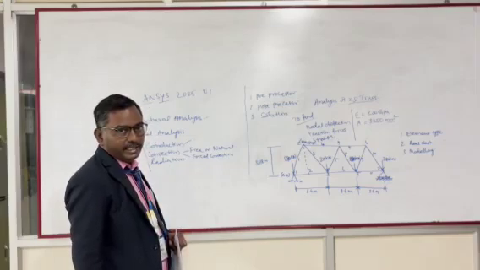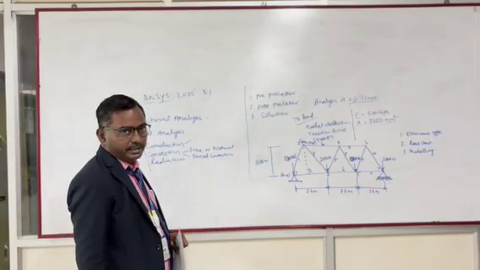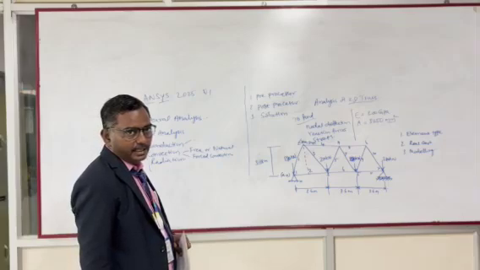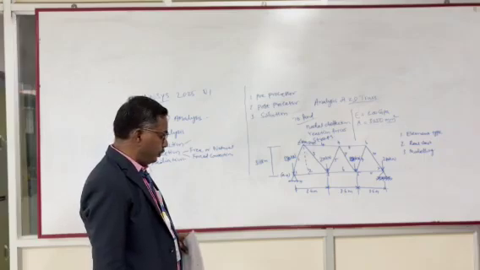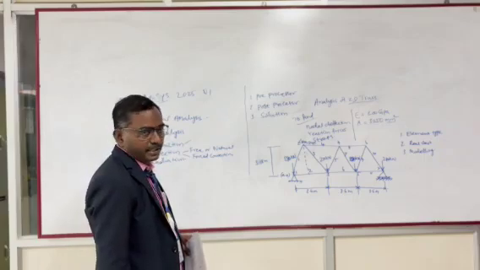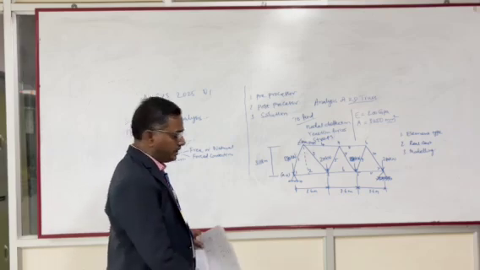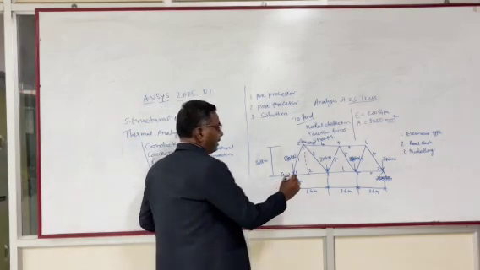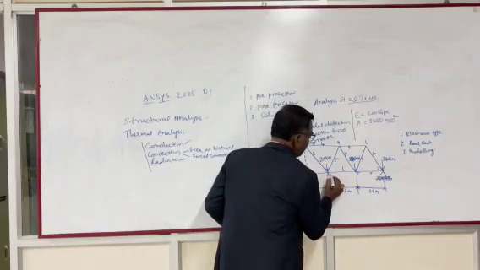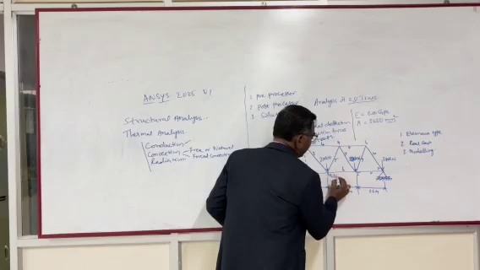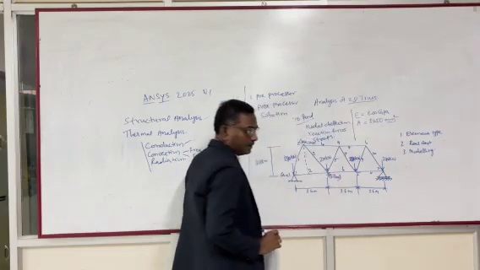The third one is again x-axis 0, y-axis 3600. That is 0, 3600. Third one.